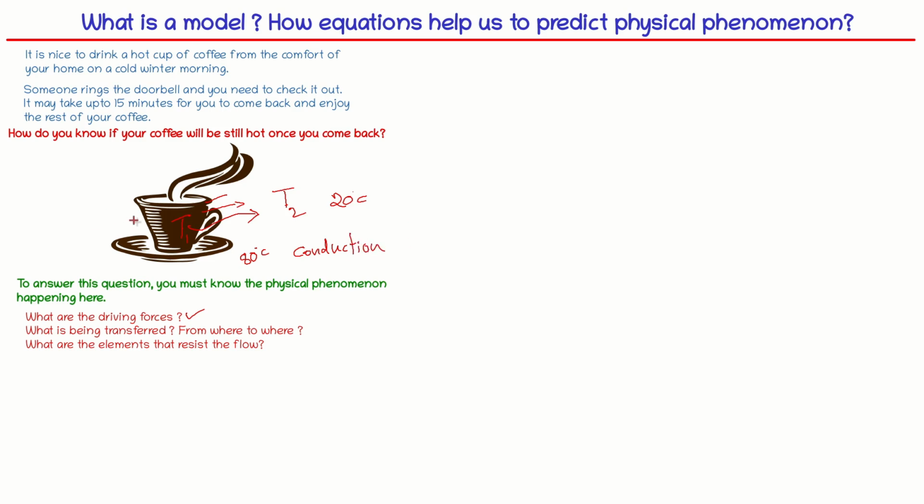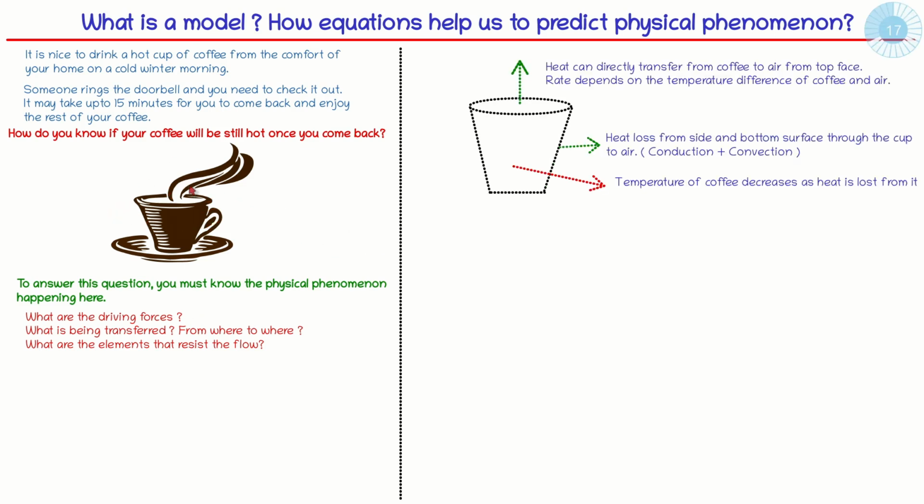Also, we have some phenomena happening at the top where the coffee is directly exposed to air. So here we have some convection. To put it a little more formally, there is convection happening between the coffee and air on the top surface.